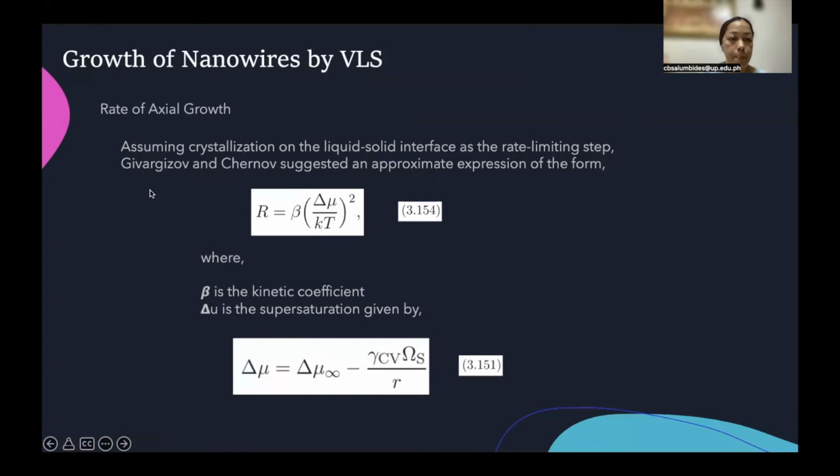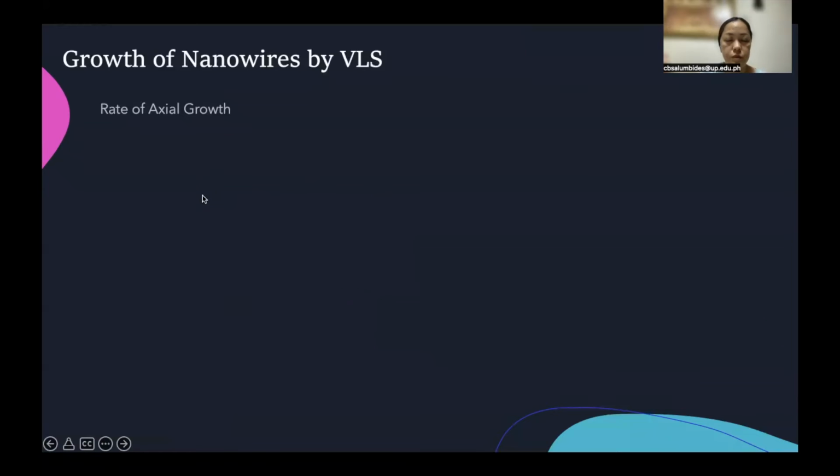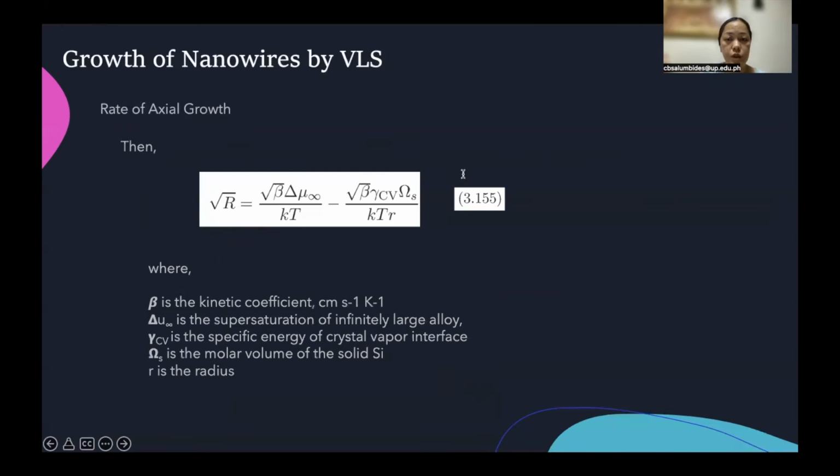The supersaturation delta mu here is given in equation 3.151. Combining the information about supersaturation delta mu infinity, we'll have this equation here, equation 3.155.